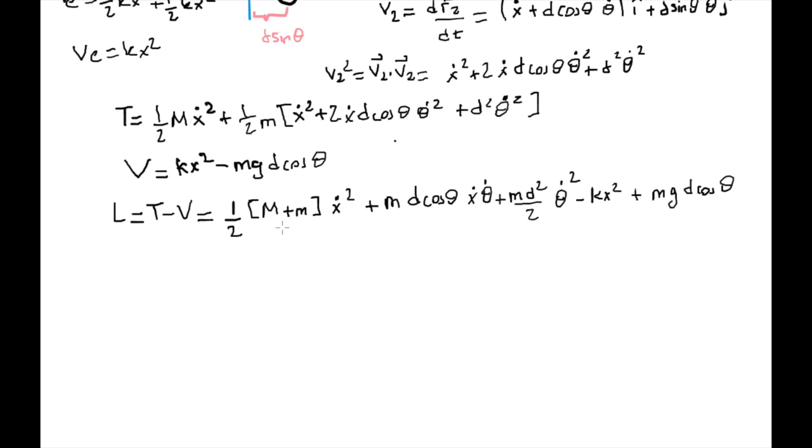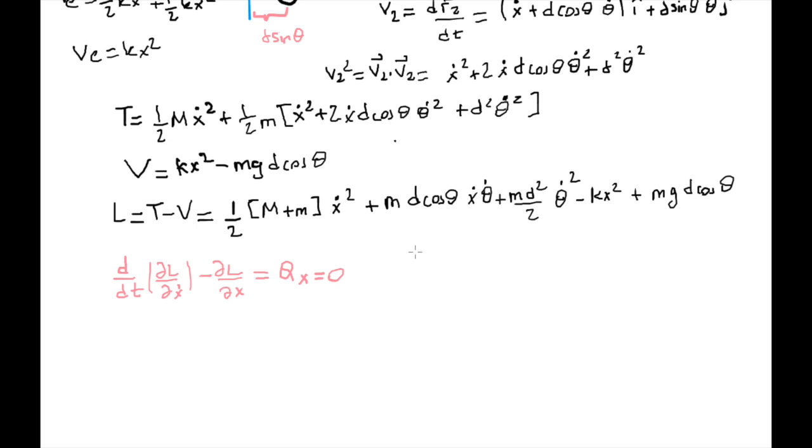Now question, how many degrees of freedom do we have? Answer: 2, we have both x and theta, so we should have two equations. So the first equation should be, for instance, d by dt of partial L partial x dot minus partial L partial x equals, now we don't have any non-conservative forces other than constraint forces, but constraint forces do not contribute to the generalized force, so it's going to be Q x, but Q x is 0 in this case.